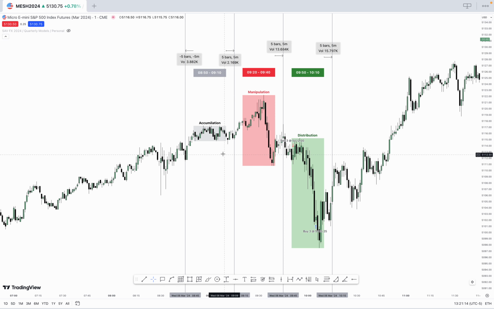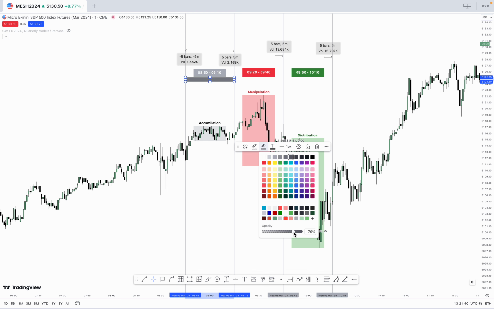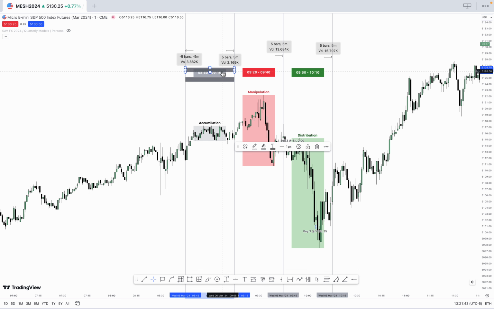Okay, if we want to refine this, it should basically look something like this. You know what, let me do it like this. Then just copy it. It's very tedious, but it's necessary.